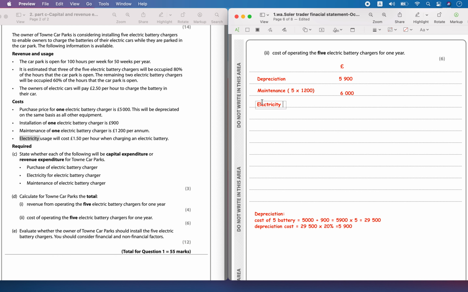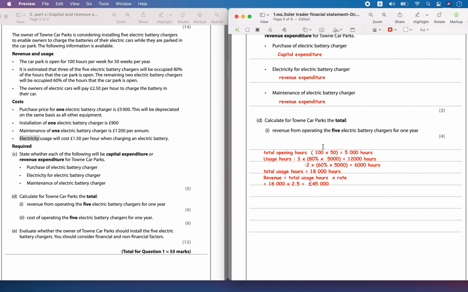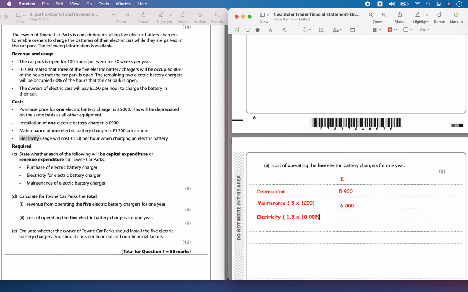It is 1.50 when charging one battery, so it is 1.5 times the total usage hours. We calculated previously that the total usage hours was 18,000. So the cost of electricity for that usage is 1.5 times 18,000, which is equal to 27,000.